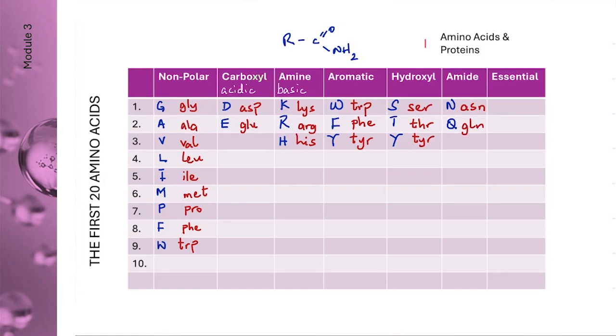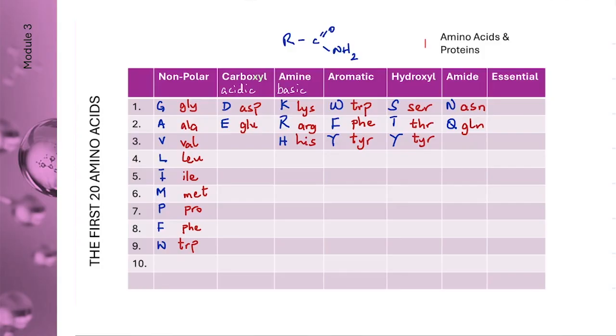So these are the single letters and the three-letter forms of the first 20 amino acids.